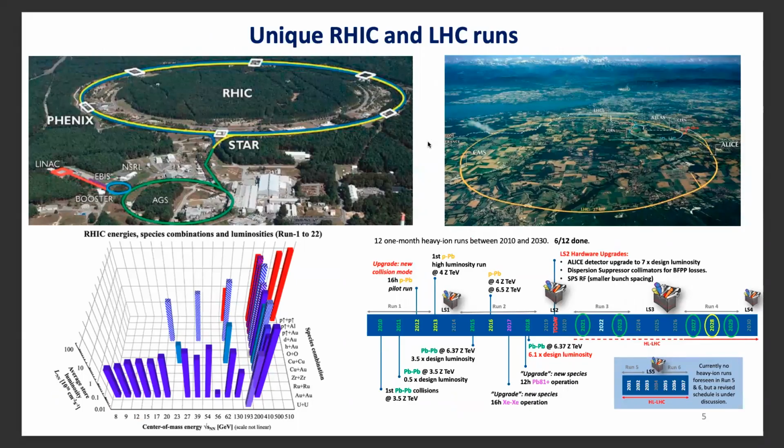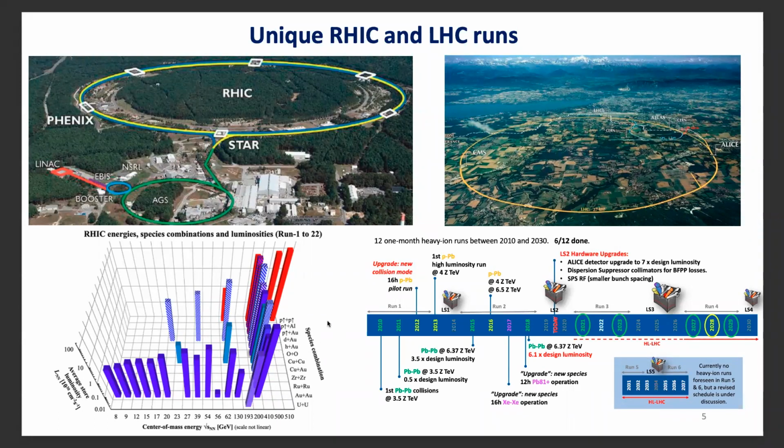In heavy ion collisions, actually, we collide different nuclei. There are two very famous colliders, located in the USA at RHIC, and also at CERN, the Large Hadron Collider, LHC. And at RHIC, we have lots of collision systems, from large collision systems like uranium to very small asymmetric collisions, p-gold, d-gold, helium-3-gold.